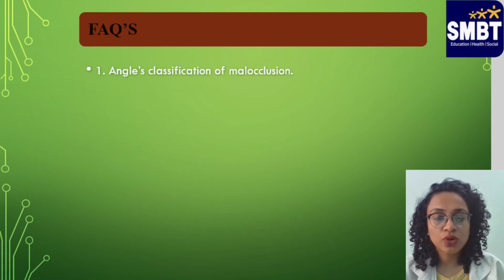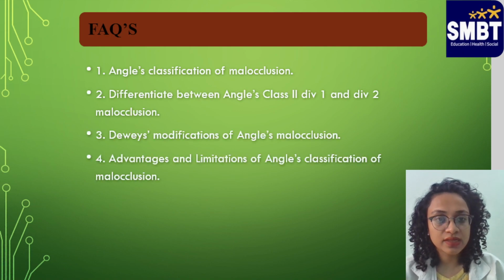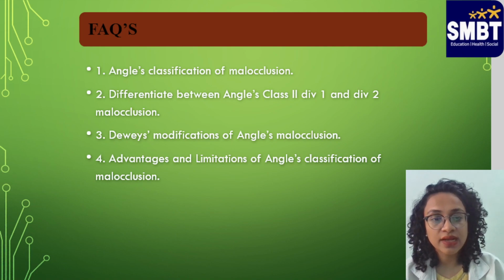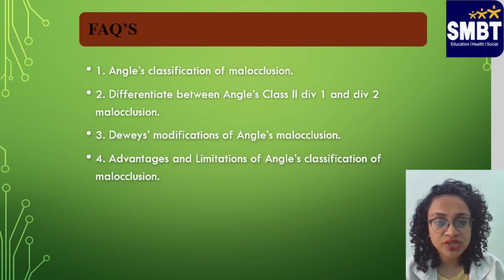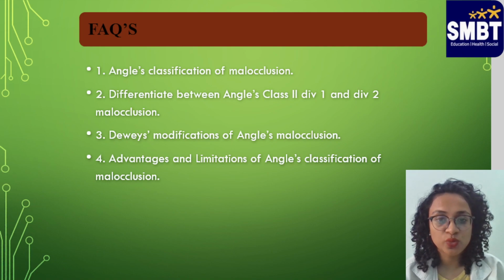So now that we know all that, let us look at the most important or frequently asked questions based on this. First, they will ask you in your exam about Engel's classification of malocclusion, wherein you have to explain Engel's class 1, class 2, class 3, in which year he gave the classification of malocclusion, with the diagrams. The next is you have to differentiate between Angle's class 2 division 1 and division 2 malocclusion.